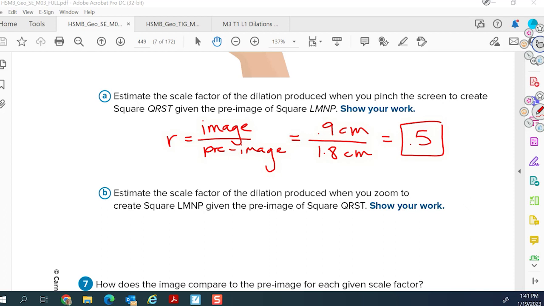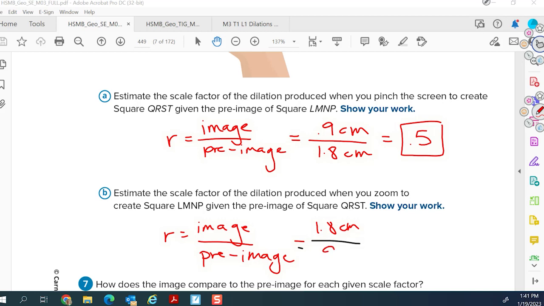And for B, again, the scale factor is image over pre-image, even though I'm switching the two. This time the image is the 1.8 centimeters, and the pre-image is 0.9 centimeters. Here we get a scale factor of 2.